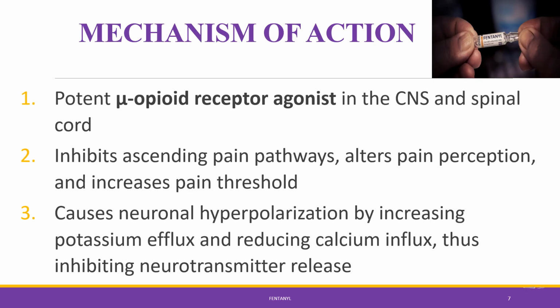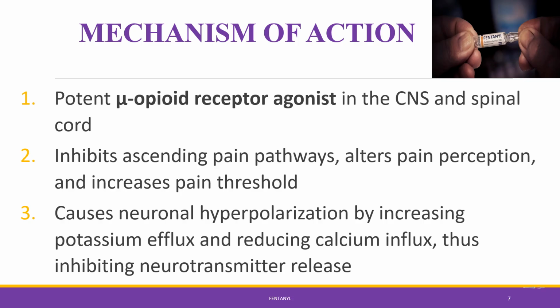Mechanism of action. 1. Potent mu-opioid receptor agonist in the CNS and spinal cord. 2. Inhibits ascending pain pathways, alters pain perception, and increases pain threshold. 3. Causes neuronal hyperpolarization by increased potassium efflux and reducing calcium influx, thus inhibiting neurotransmitter release.